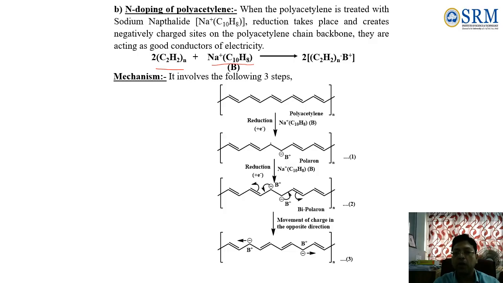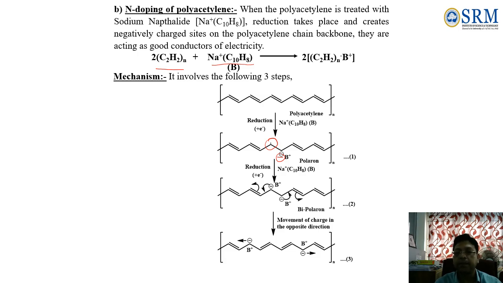It also involves three steps. In the first step, when it is treated with sodium naphthalate, the electron goes to the polymer backbone. That means a reduction takes place, and therefore there is a creation of a radical anion. So this is called polaron. This is the first step of reduction.